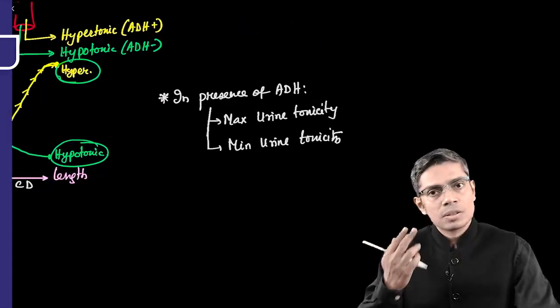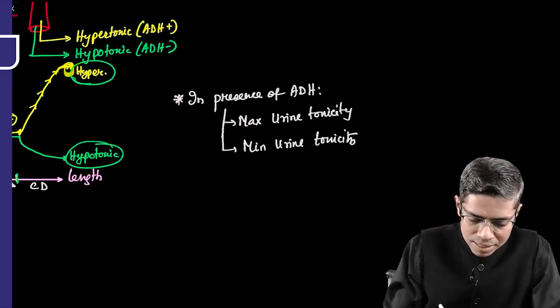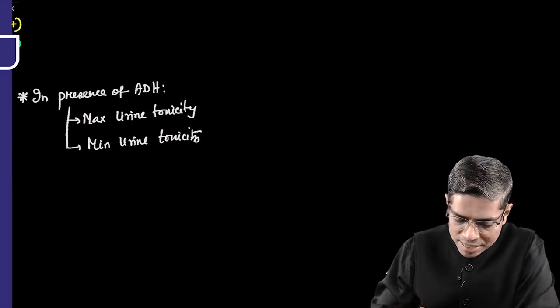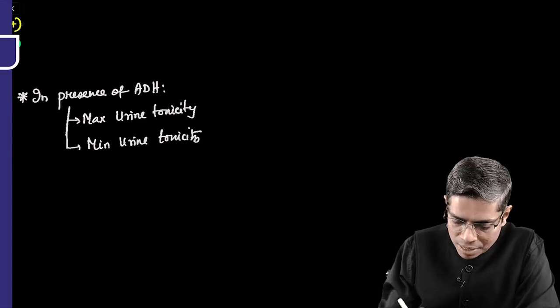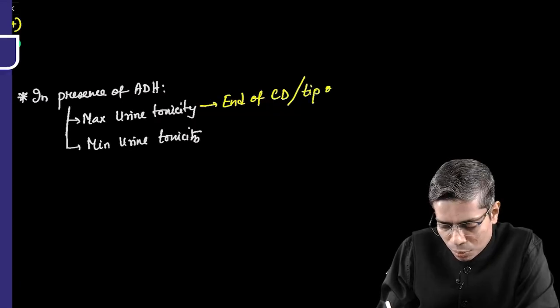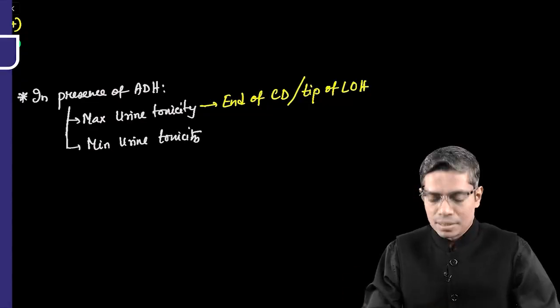Two answers are possible: the end of the collecting duct or the tip of the loop of Henle. So in the presence of ADH, the answer for maximum urine tonicity will be the end of the collecting duct or the tip of the loop of Henle. But the best answer is the end of the collecting duct.